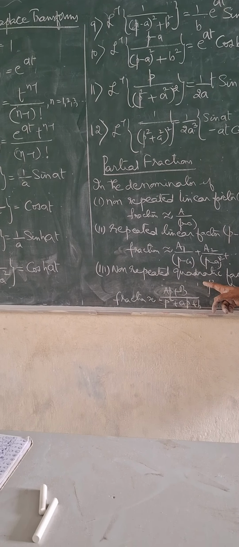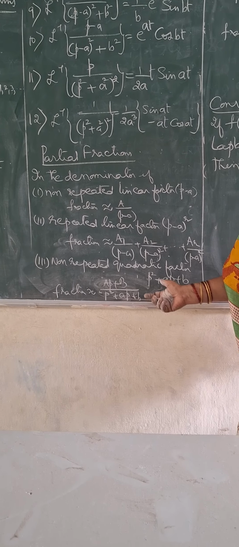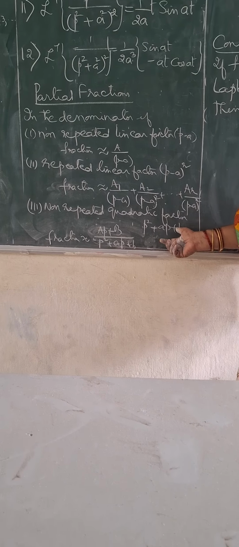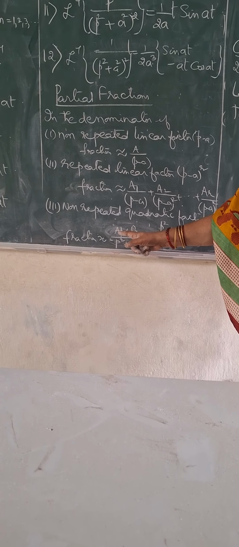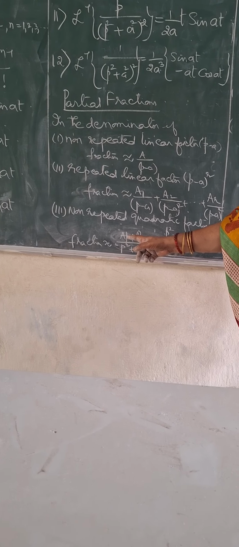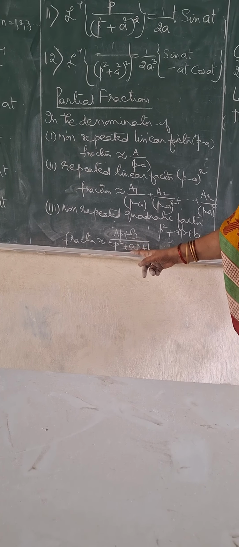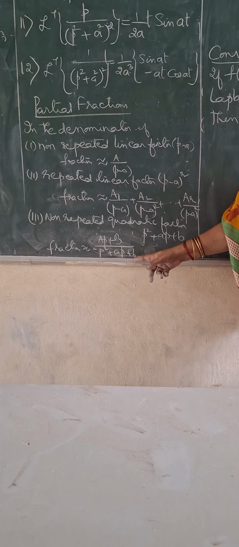When it comes to non-repeated quadratic factors, what is a quadratic factor? p square plus ap plus b. Then under those circumstances we consider the fraction as Ap plus B divided by p square plus ap plus b.